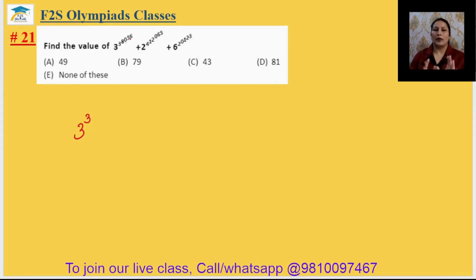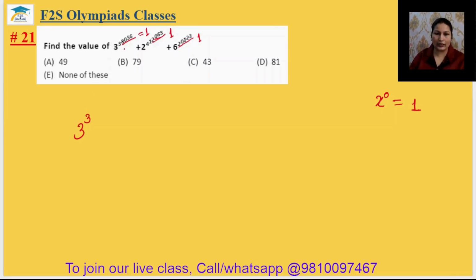If the power is 0 on any number, x to the power 0 is equal to 1. So the complete term will be equal to 1. Here the complete term will be 1, and here the complete term will be 1.